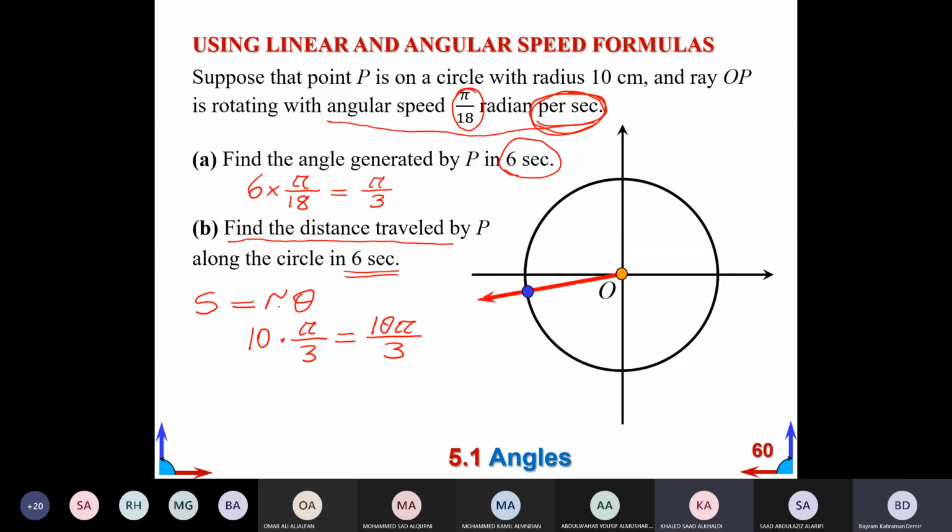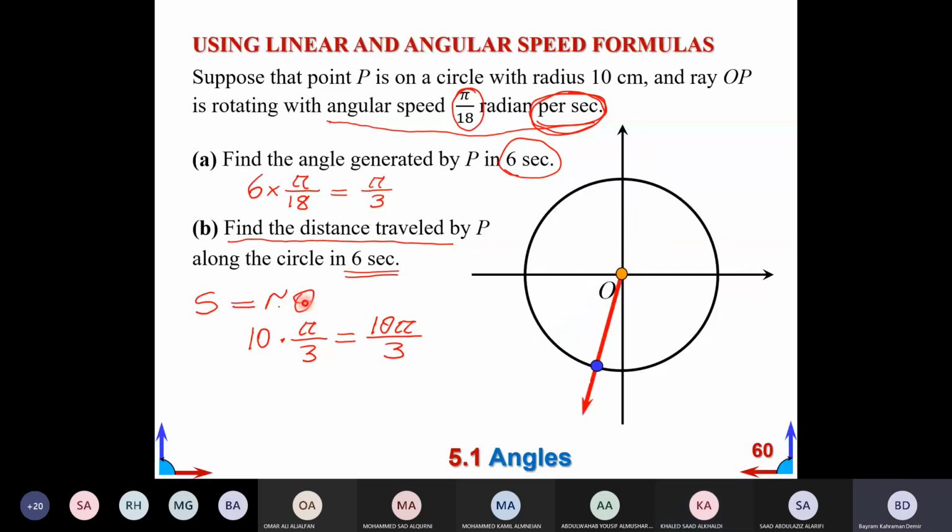Doctor, we can solve it by saying V equals S over T. Pi over 18 equals S over 6, right? V is equal to R times omega. But I mean, we can solve it with the linear speed equation, right?